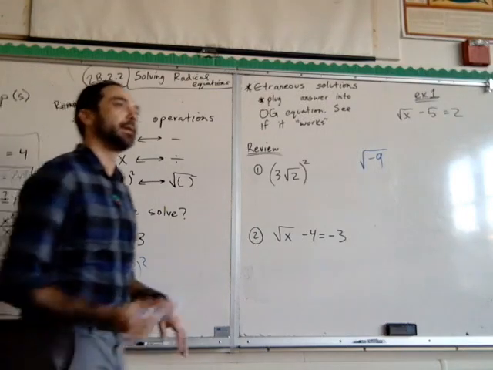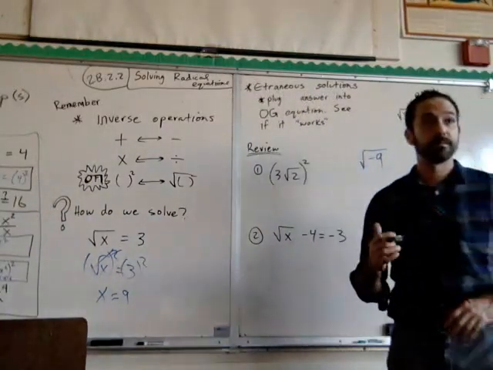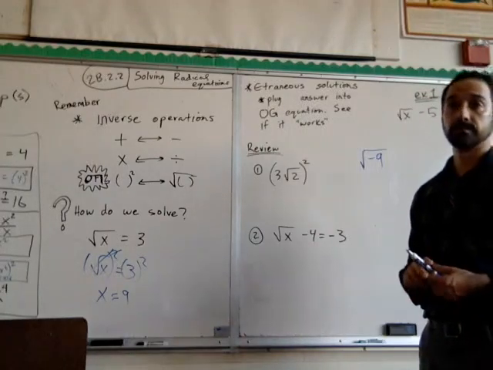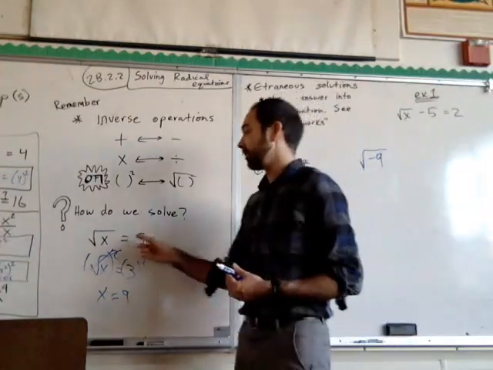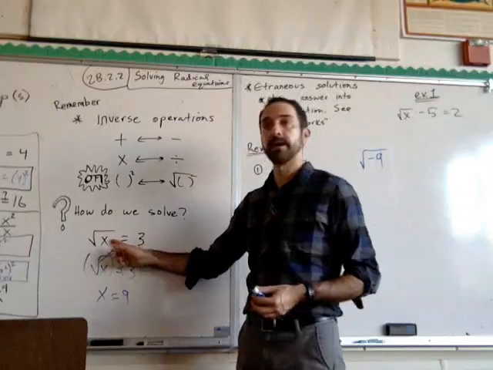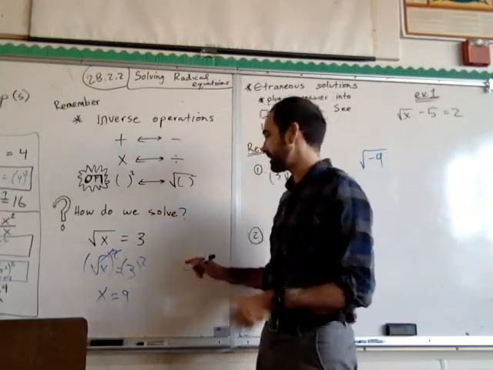Okay. Then what do I need to do? Remember, you always have to do this last step every single time. We found out what x is. Now what do we do? Plug it in. See if it works. See if it balances. Seeing if what you have here also equals what's on the other side. 9. Square root of 9 is 3. 3 equals 3? Yes. So you might do that real quick.